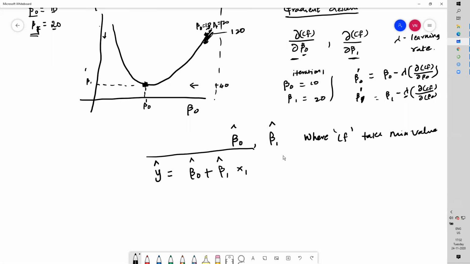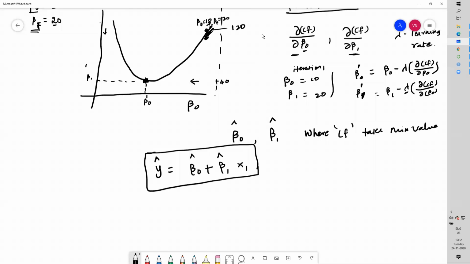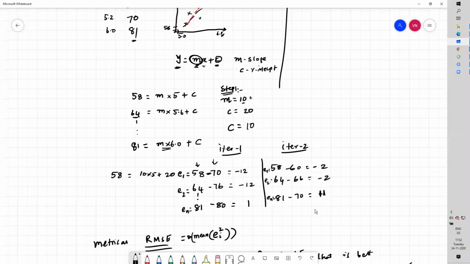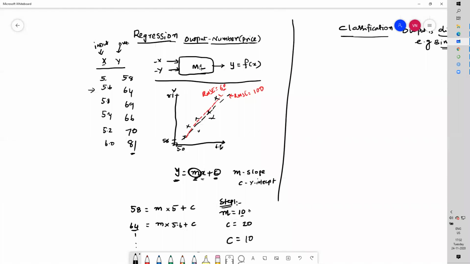So this is exactly what we call learning. This is exactly what is happening inside this simple representation box, which we call ML. Now, what did we choose here? We chose a linear function to represent this.